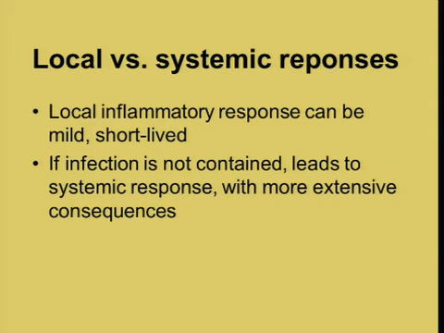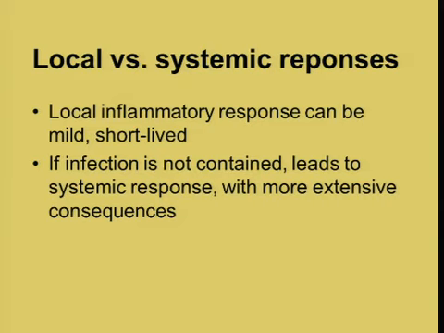pathology systemically. However, if the innate immune system cannot contain that particular insult locally, and it goes systemic, now you have a whole bunch of other mechanisms that kick in. Okay, and these are systemic responses, and in certain cases they have more extensive consequences.